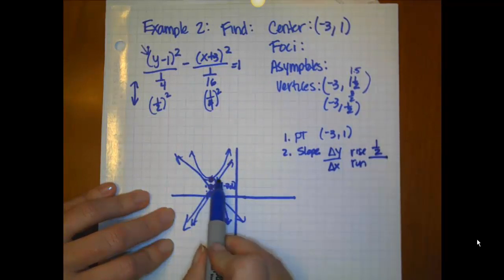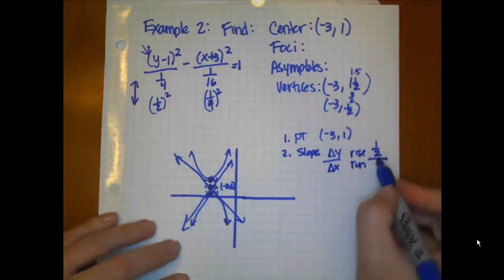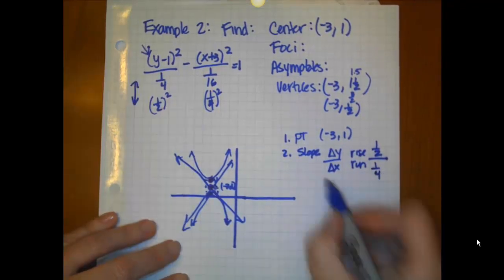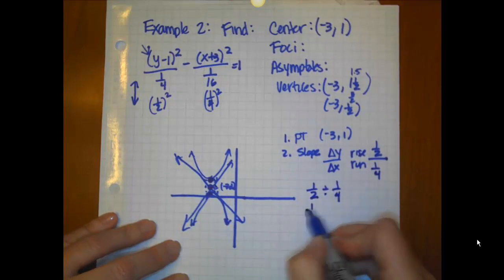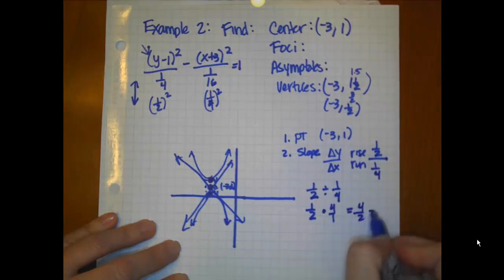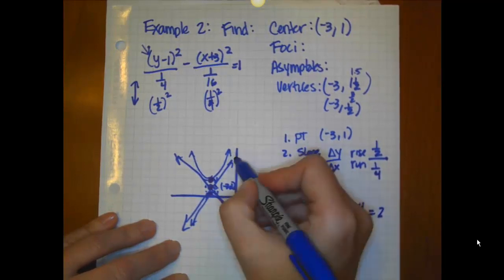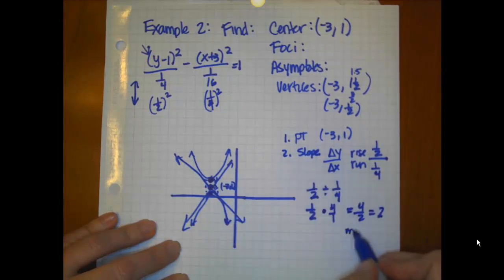When I ran, I went from the center to the right only 1/4. And this looks scary, but remember, 1/2 divided by 1/4 is simply 1/2 times 4 over 1, which is 4 over 2. So my slope is 2 for the positive line, and my slope is negative 2 for the negative line.